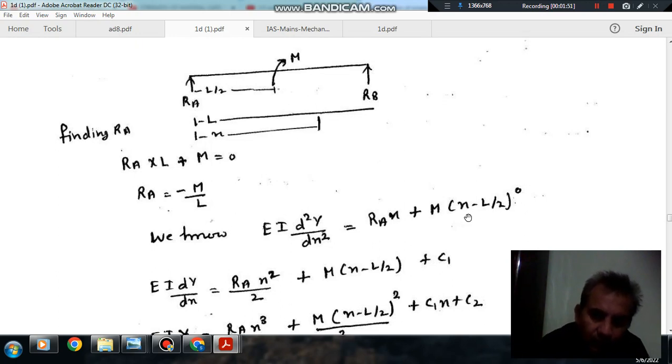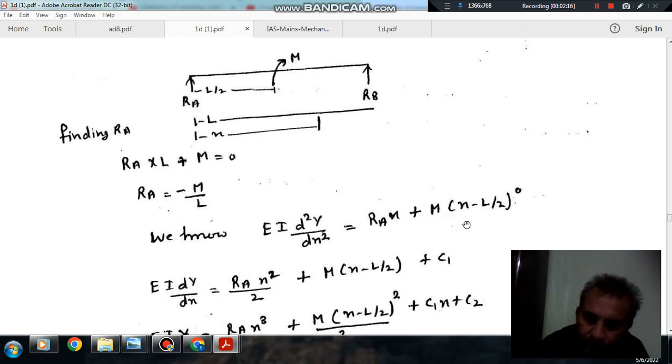So whenever this term comes out as positive, this will be taken. And this term will come positive after L by 2. Okay, this term will be taken, and whenever this term comes out negative, it will be omitted. So we will take M x minus L by 2 raised power 0.